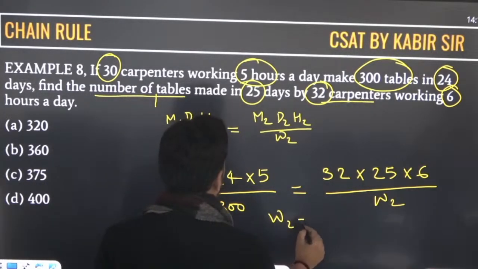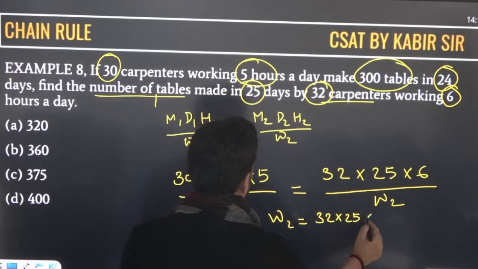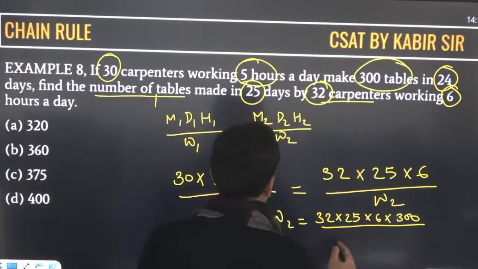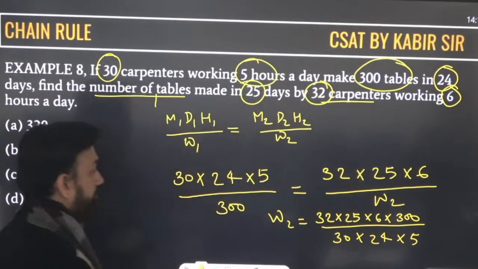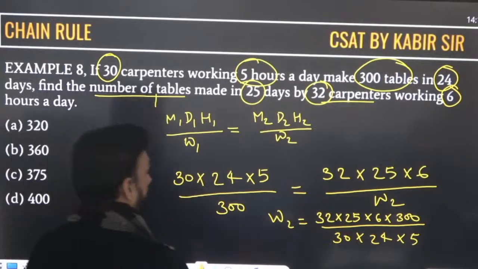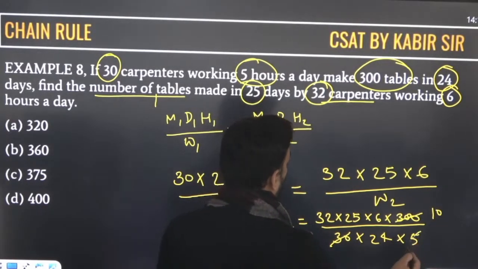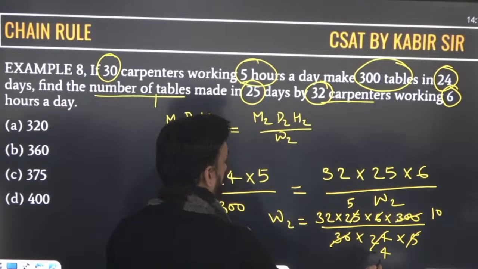W2 will be equal to 25 into 6 into 300 upon 30 into 24. Fine. This 30 will cancel 3 times, and this 24 is 4 times. In this 4 will cancel.